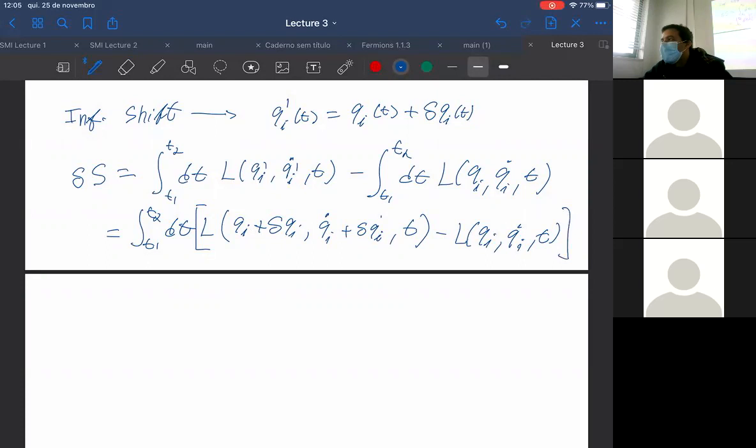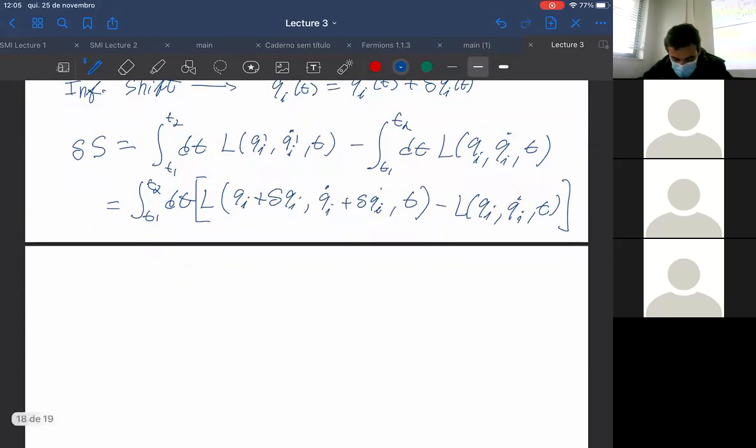Now you have an expansion at the first order. What you see from here is the definition, let's say, of the derivative, in this case the functional derivative.